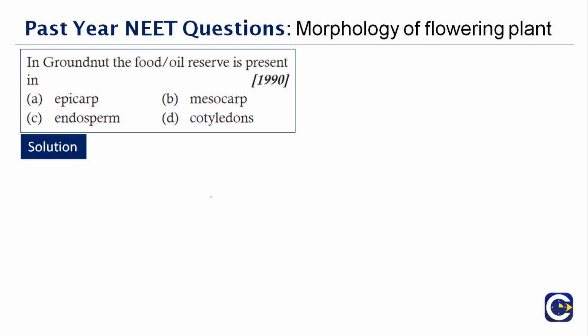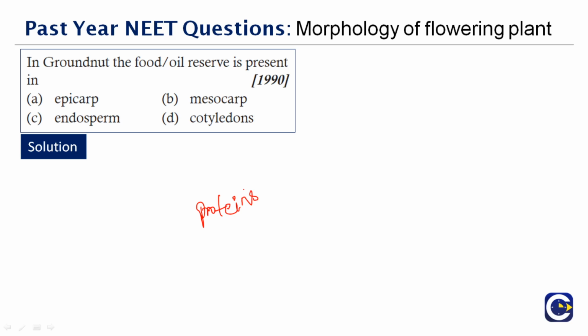Groundnut is an economically important plant as it is used for making oil. The edible oil obtained from the cotyledons is very essential in cooking and many other processes. Peanuts are a rich source of proteins, roughly 30 grams per cup after roasting. They have monounsaturated fat also.